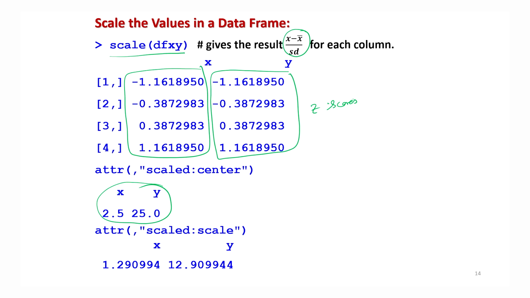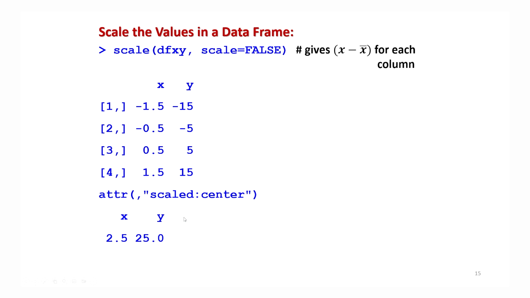For x the mean is 2.5, and for y the mean is 25.0, and similarly the standard deviations for x and y have been obtained here. Now I have done it using the command scale, but if you want you can also do it by writing your own command, the way I have shown you earlier.